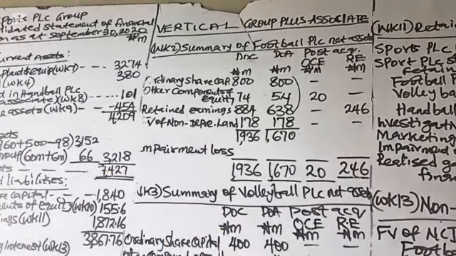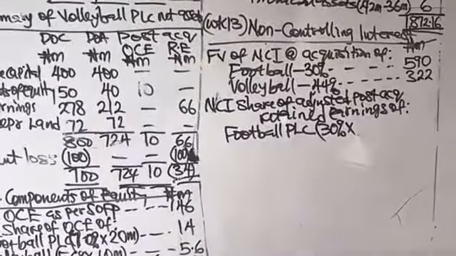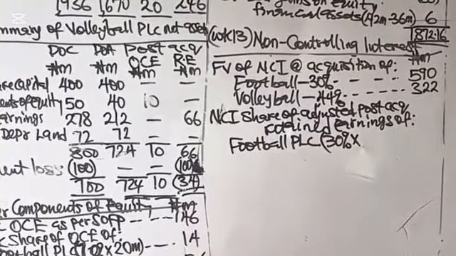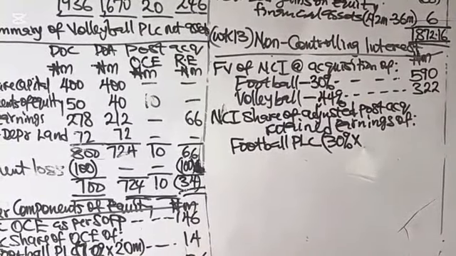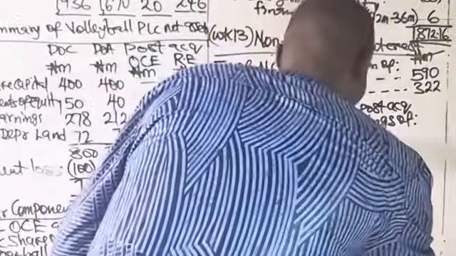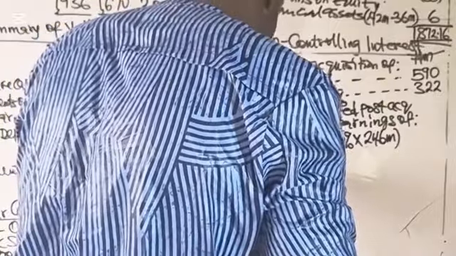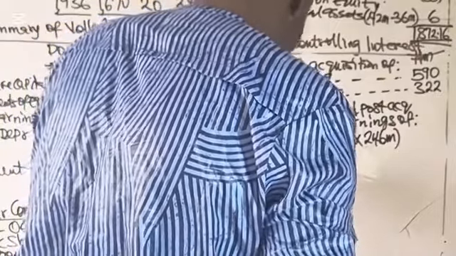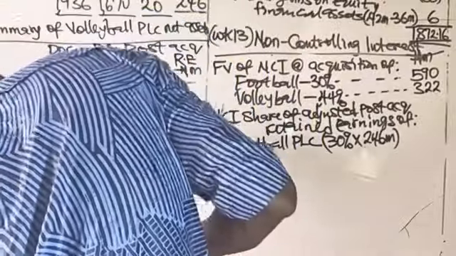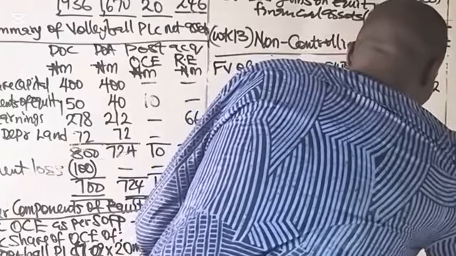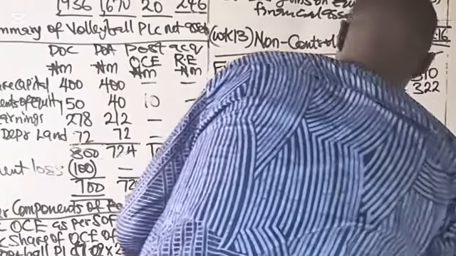Of these 246 million naira, 30% will be attributable to NCI. So 30% of 246 million gives us 73.8 million.